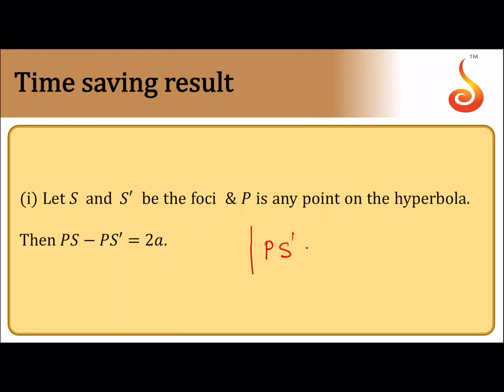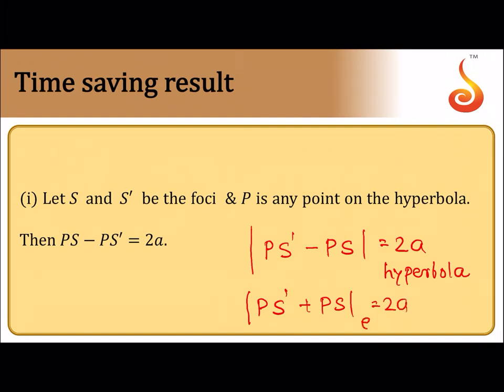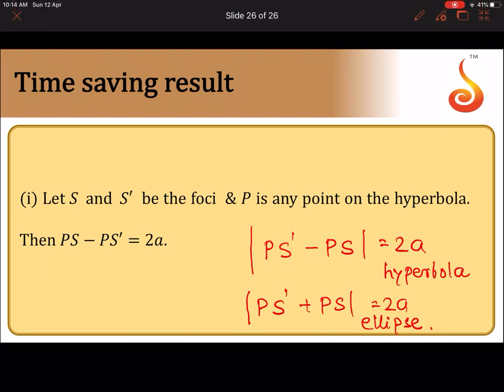So S and S dash in the case of hyperbola, modulus of PS dash minus PS is equal to 2a in the case of hyperbola. In the case of ellipse, PS dash plus PS is equal to 2a. So these are the basic formulae, but whenever we discuss the questions, any formulas that are left over, we will discuss simultaneously with the problems.